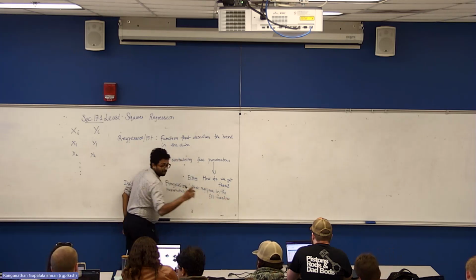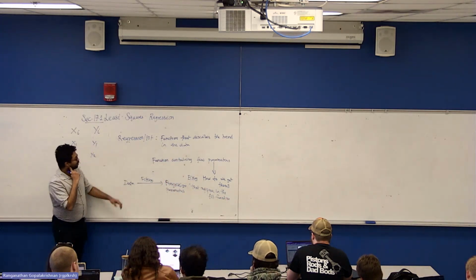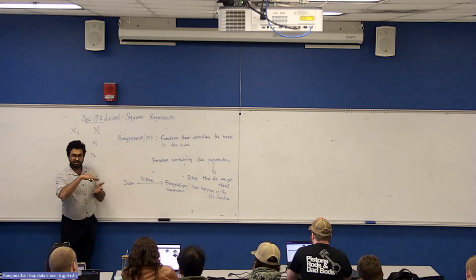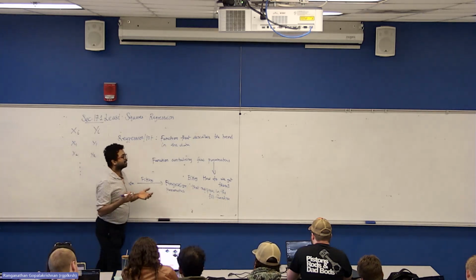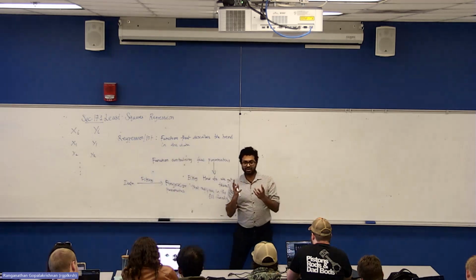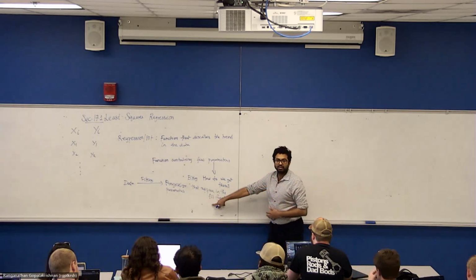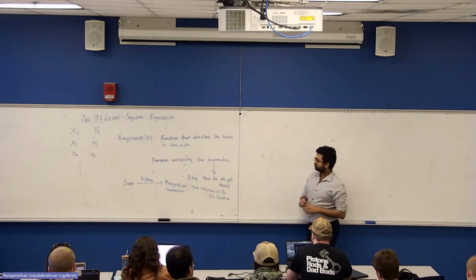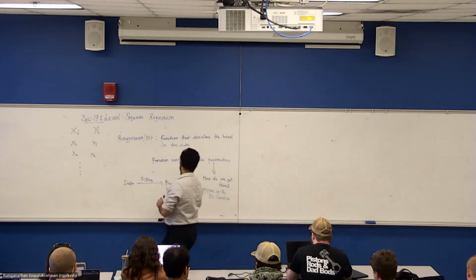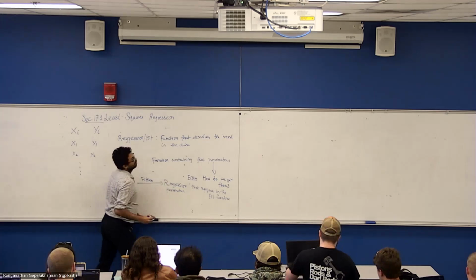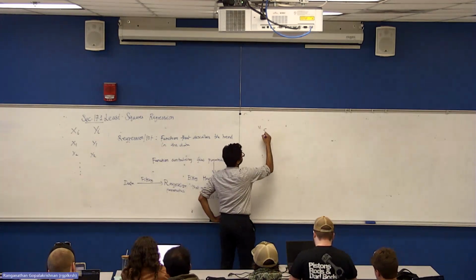Now you told about how the regression is a function that describes the trend in the data or the shape of the curve, right? For a straight line, what are attributes that define shape? What constitutes shape?